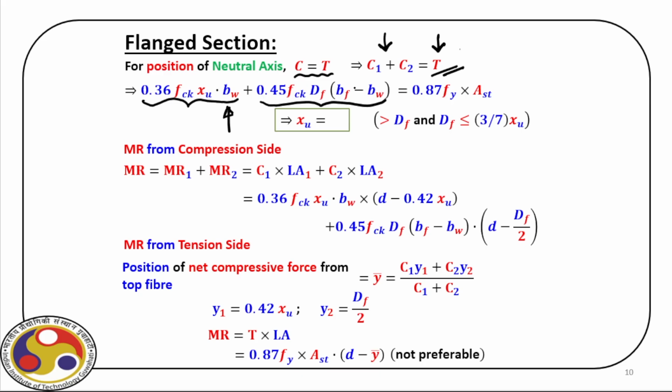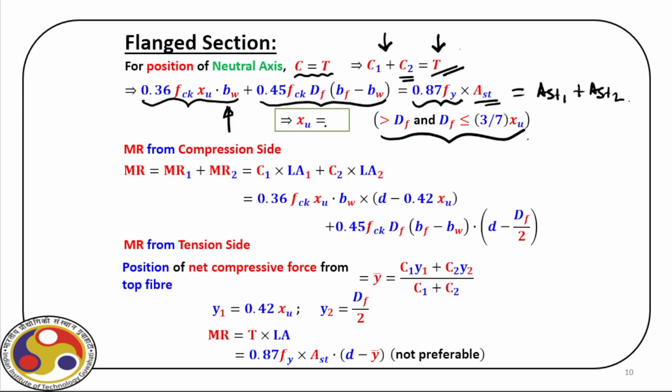We find out the effective area and the stress level, and with the help of these two, we can find out the value of C2. On the right hand side, we have 0.87 FY times the amount of steel that we provide. This is effectively AST1 plus AST2, right? And we have this for this condition.